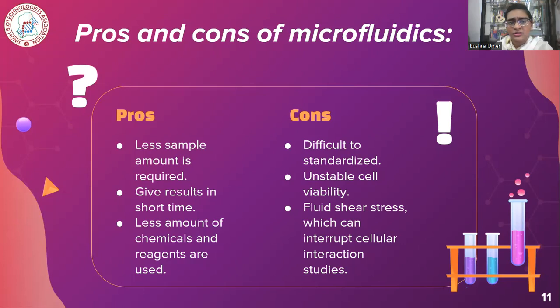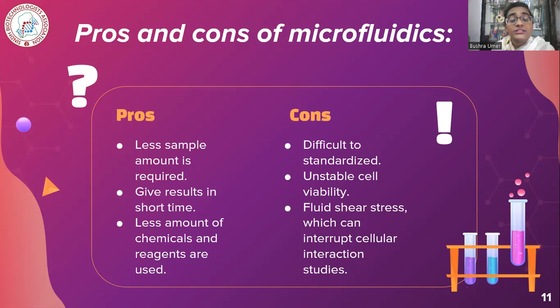It can be done in a small space, and reagents, chemicals, and the cost of these things are reduced. And the cons or the disadvantages are that sometimes it is not possible to maintain the pressure throughout the experiment. So this is a disadvantage.